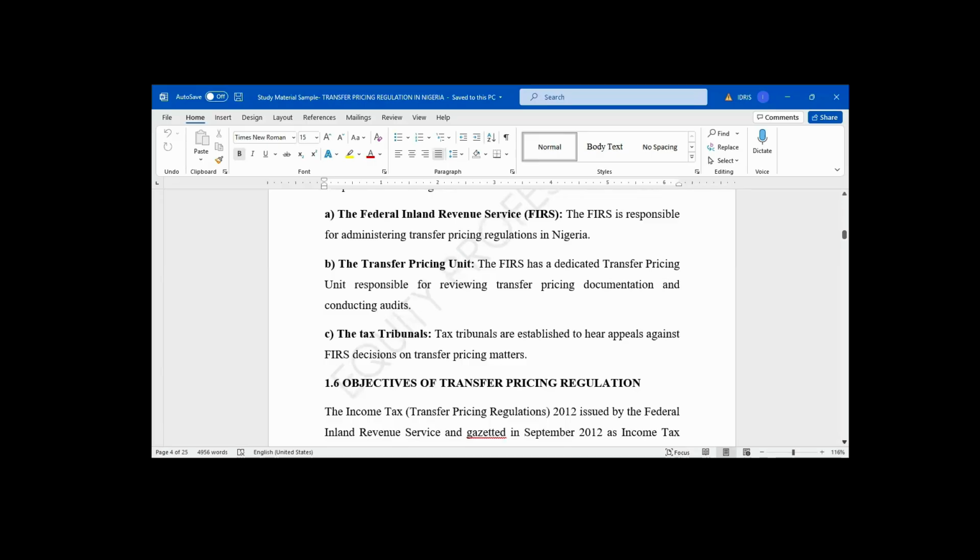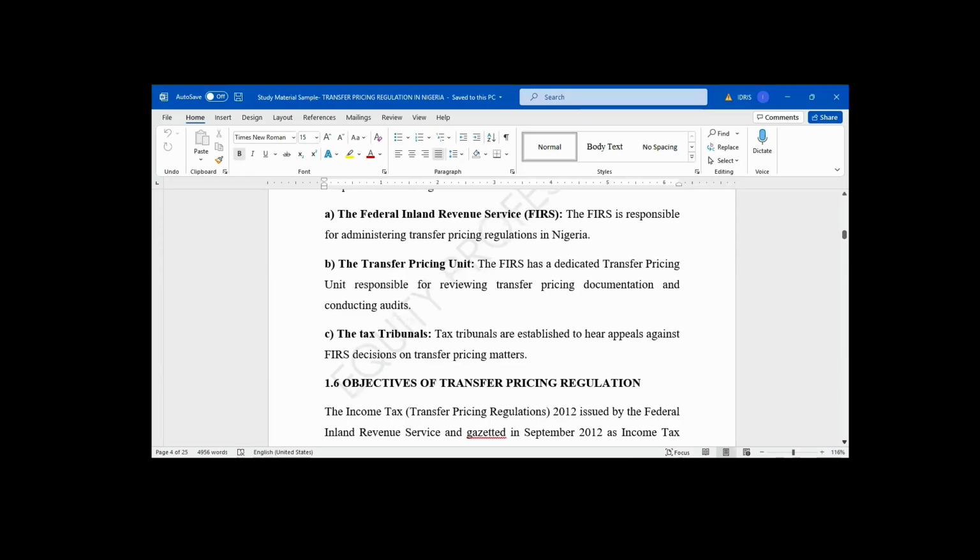Another administrator of transfer pricing regulation that we have is the Tax Appeal Tribunal. The Tax Appeal Tribunal is the first court hearing, and they are the ones that will review the case between the taxpayer and the tax authority on a matter related to transfer pricing.